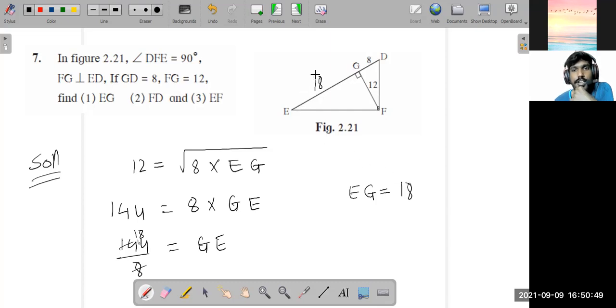The EG is 18, so ED is 18 plus 8, that is 26.